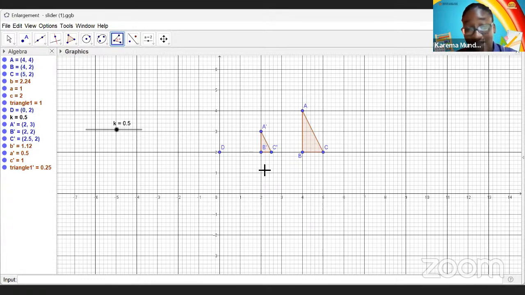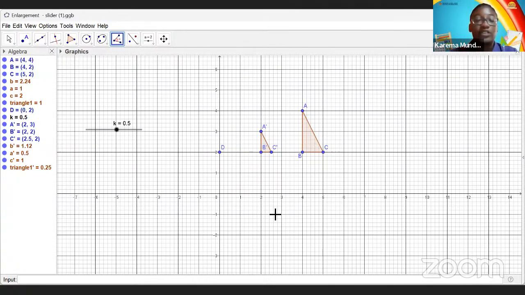Let's check. Remember, we're working from our object to the image. So what's happening to the lengths? Are they being multiplied by 2 or are they being halved? Half. Good. Awesome.